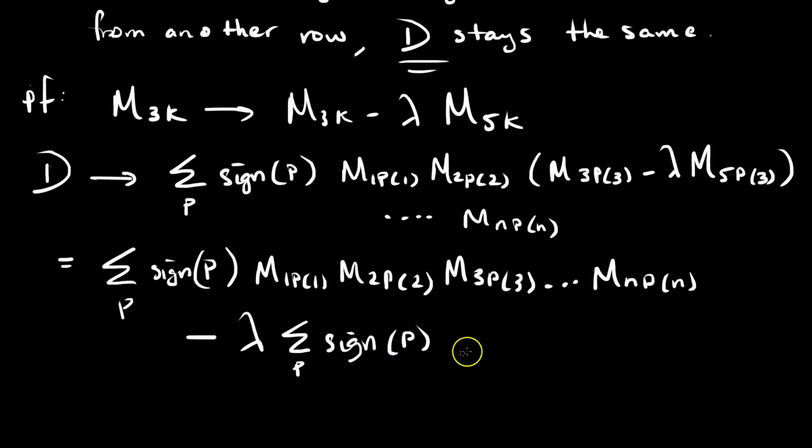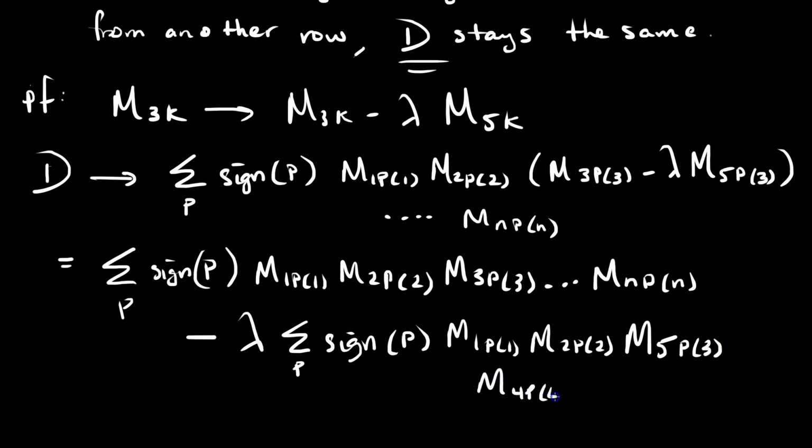That's all we're doing. So it's going to be m1,p1, m2,p2, and then we're going to have m5,p3, and then m4,p4, and then m5,p5, all the way to mn,pn.